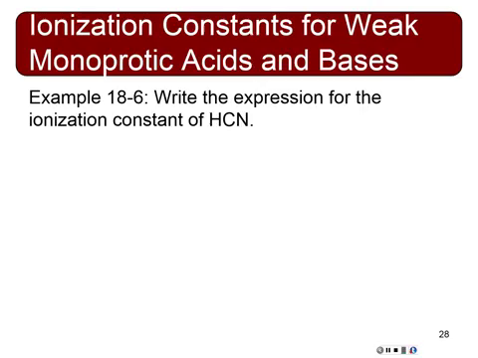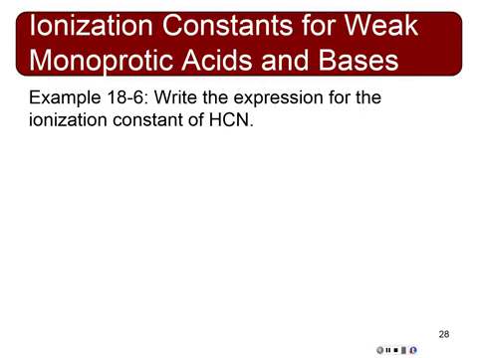So the first thing I want you to do is plug that into this. It's a weak acid, so you're going to have HCN in equilibrium, which forms H plus and CN minus, right? The acid lost a proton.